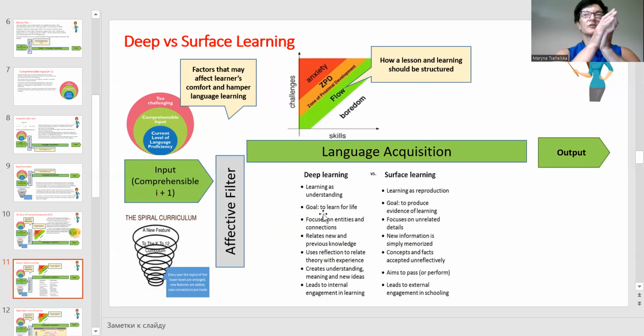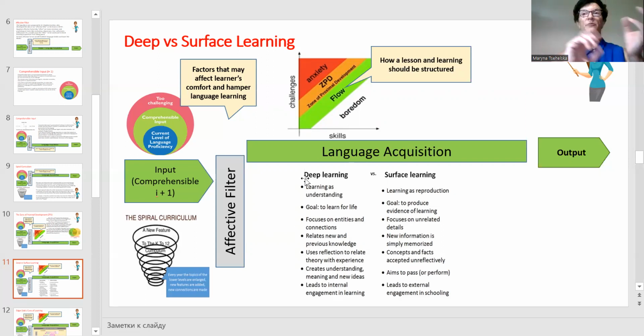When we talk about surface learning, which is actually only learning as reproduction, only focusing on unrelated details, memorization is the main focus of it. So it's surface learning.